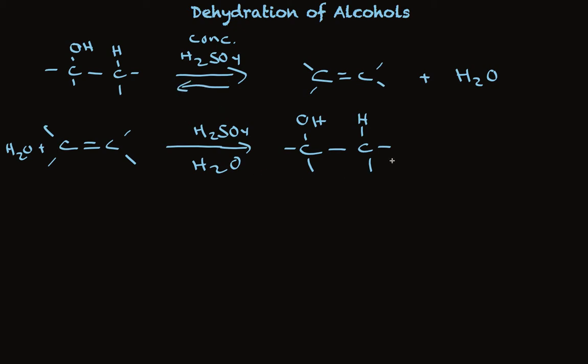And the things that we knew about this reaction, initial protonation, addition of a nucleophile, loss of a proton, are the same steps in reverse order that account for dehydration. Take a look.